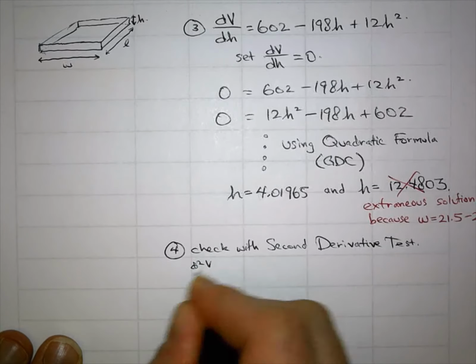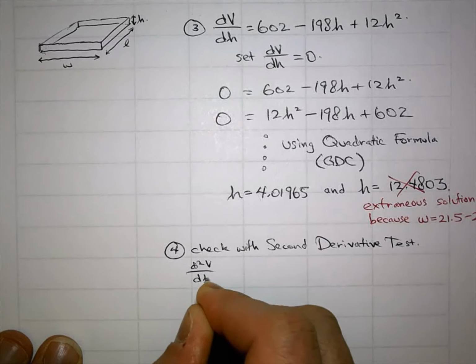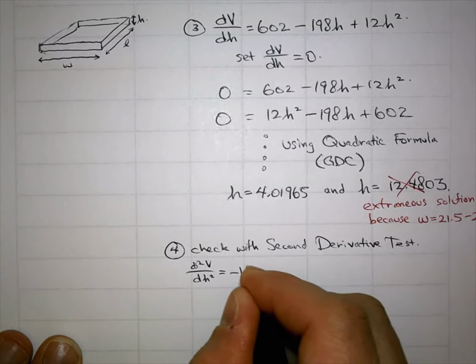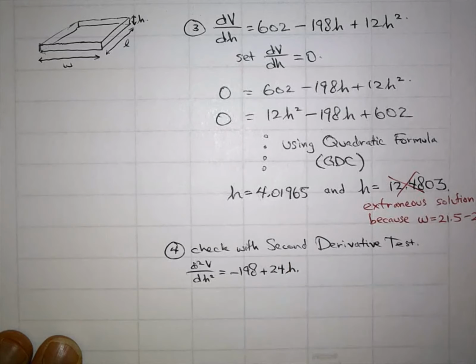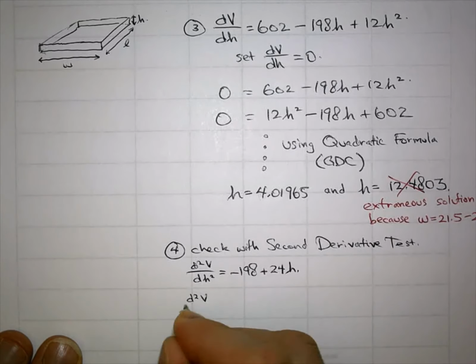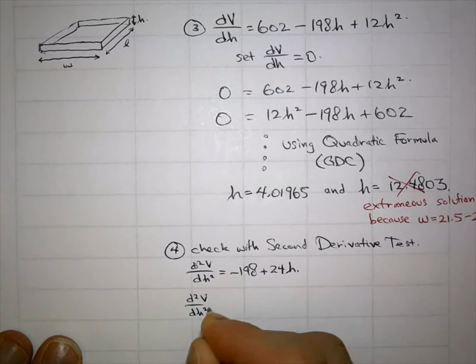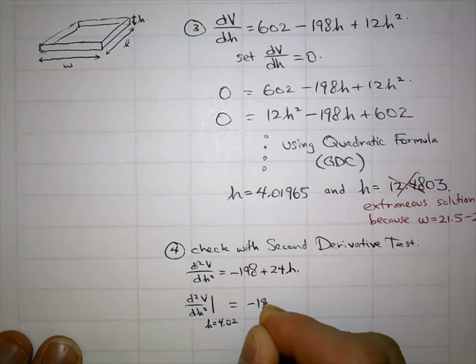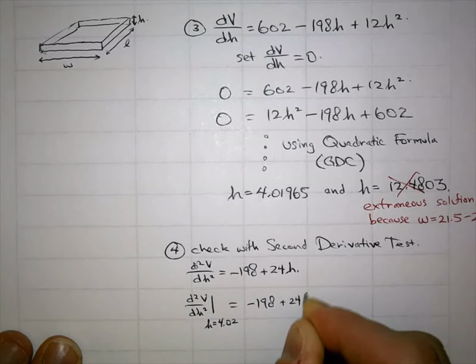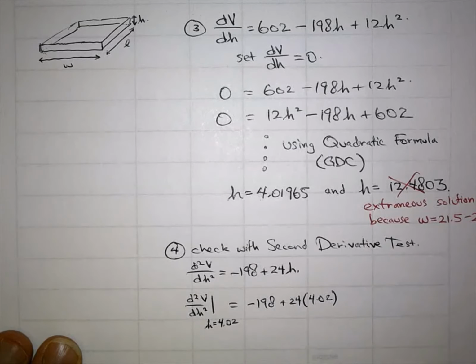The second derivative, d squared V dh squared, would be negative 198 plus 24h. So now I need to check the second derivative at h is equal to 4.02. And that's equal to negative 198 plus 24 times 4.02.